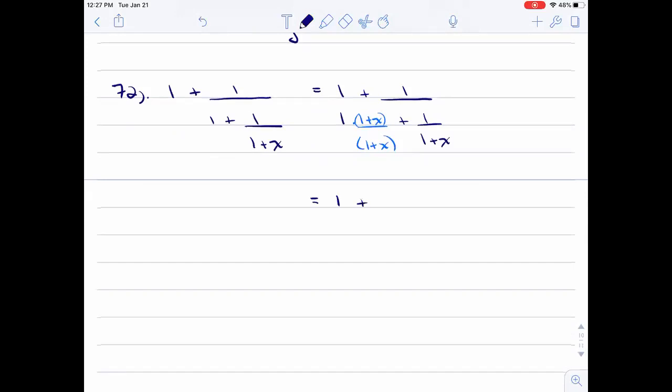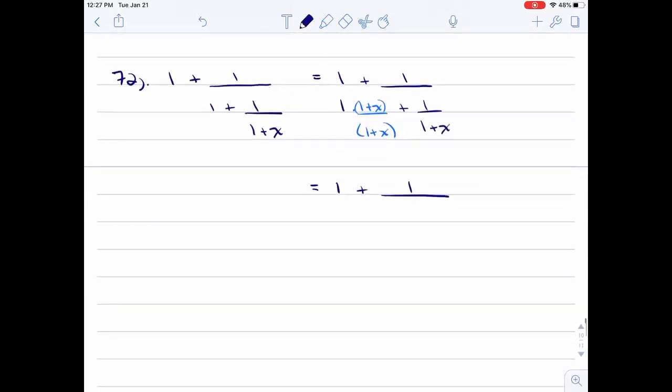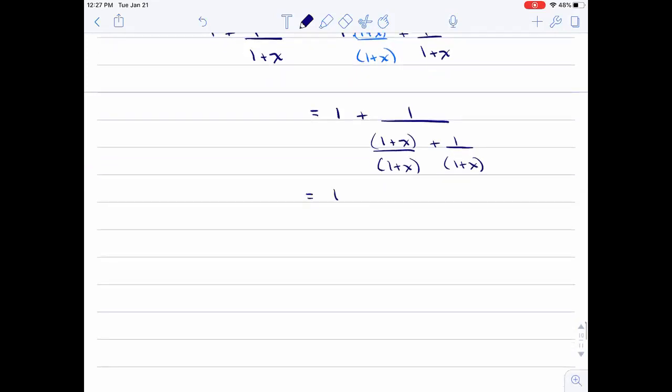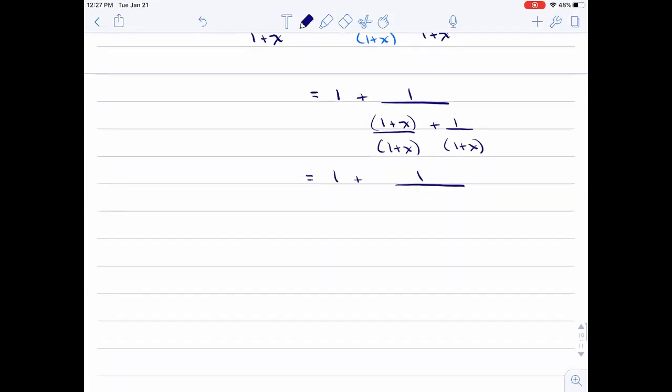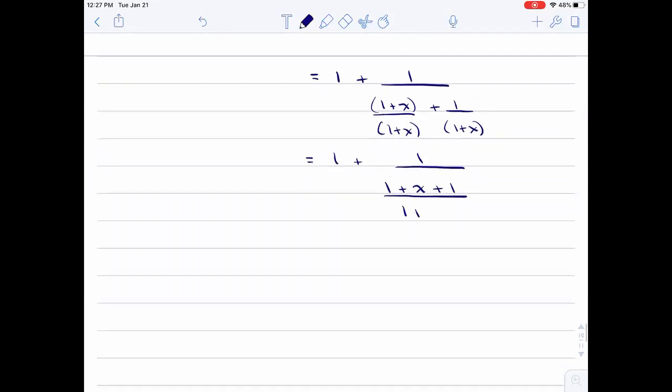So I have 1 plus 1 divided by 1 times 1 plus x is 1 plus x over 1 plus x, plus 1 over 1 plus x. I've got that common denominator, and so I'm able to add the tops, the numerators. So I've got 1 plus 1 divided by 1 plus x plus 1 over 1 plus x.